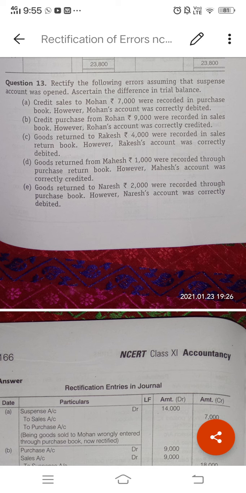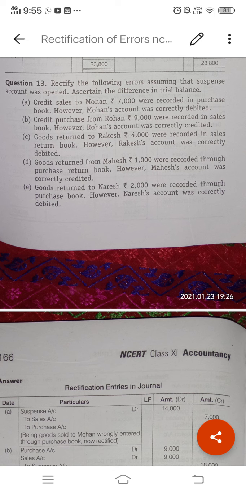So we have to cancel that. In order to cancel the wrong debit, we have to credit the purchase account, and now we have to make the correct credit, that is the sales account. So what will be the journal entry?